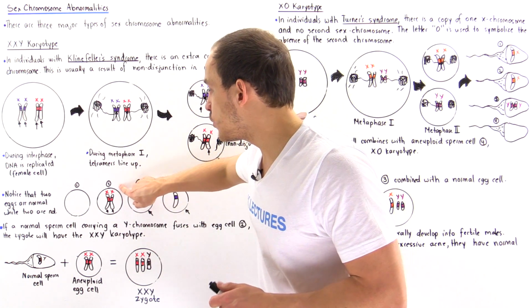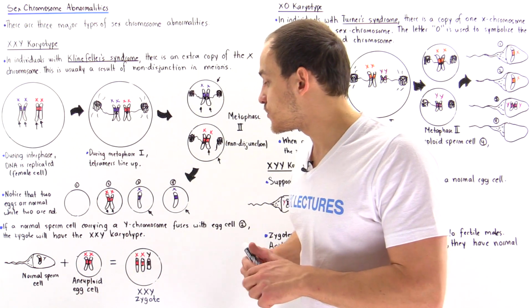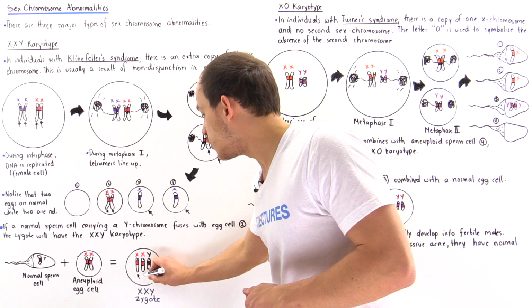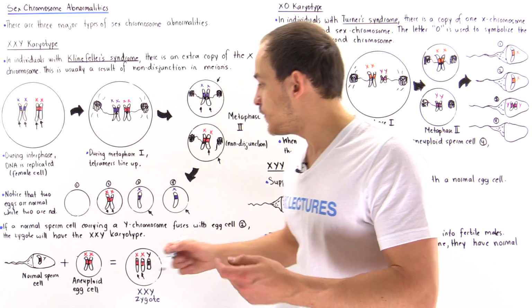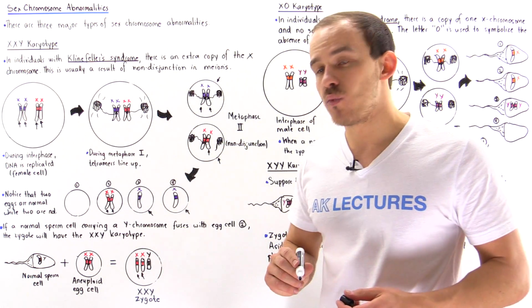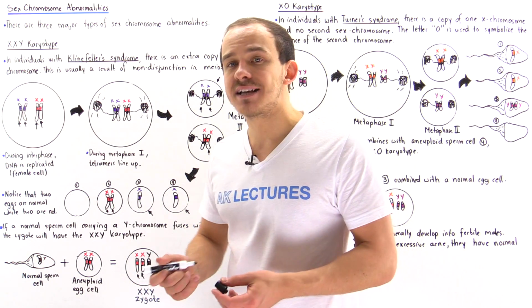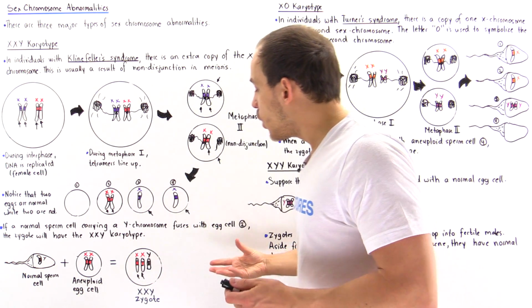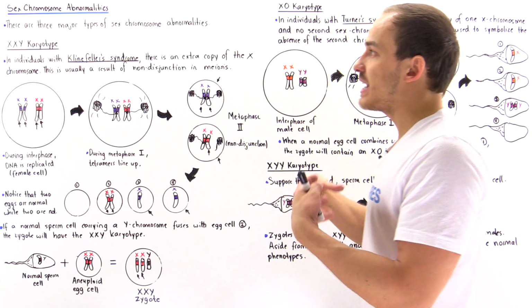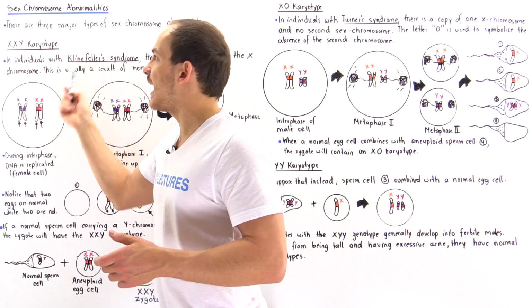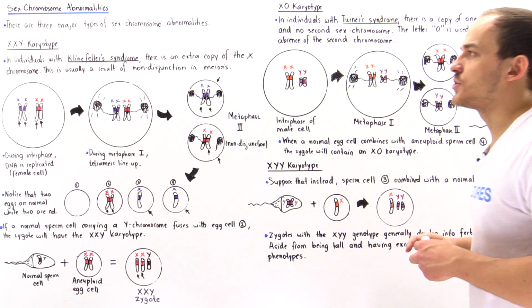And because we're dealing with this abnormal X cell, we have 2 identical X chromosomes. And so, because these 2 identical X chromosomes fuse with the sperm cell that contains the Y chromosome, the karyotype will be XXY. And so this zygote will eventually form an individual, and that individual is said to have the XXY karyotype, which is also known as Klinefelter's syndrome.